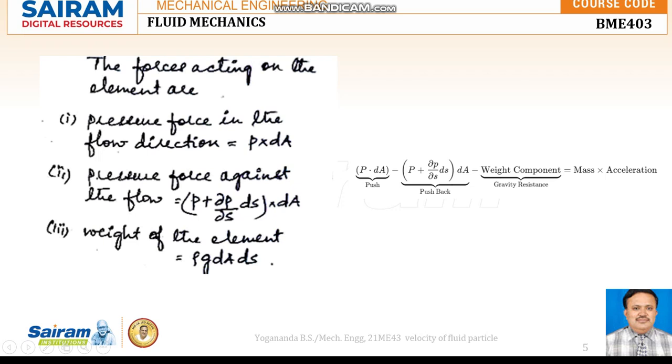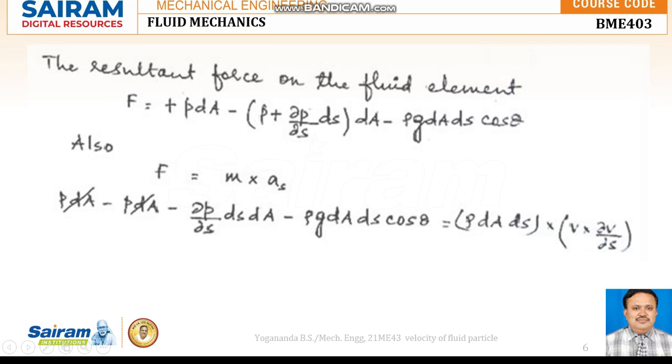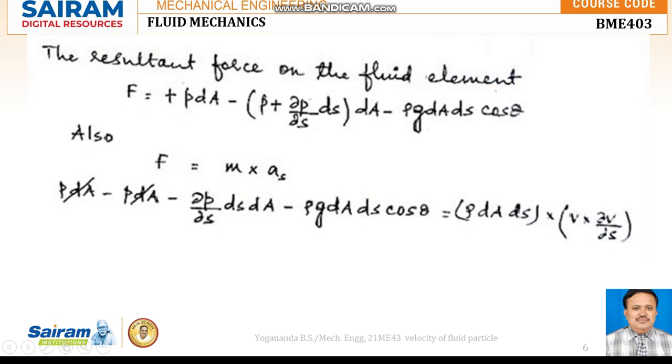Now mass is density into volume, because density is the ratio of mass by volume. So density is rho, volume is dA ds.